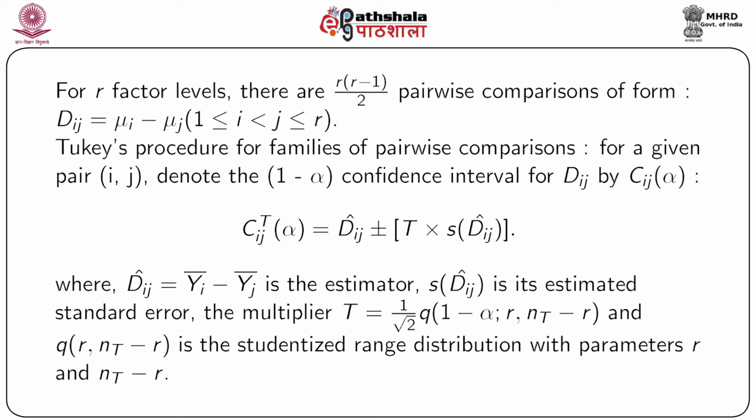So I have y_i bar minus y_j bar as the estimator, and s of d_ij hat is its estimated standard error, and the multiplier is the one which comes from the standard distribution. T equals 1 over square root of 2 times q(1 minus alpha; r, n_T minus r), and q(r, n_T minus r) is a studentized range distribution with parameters r and n_T minus r.